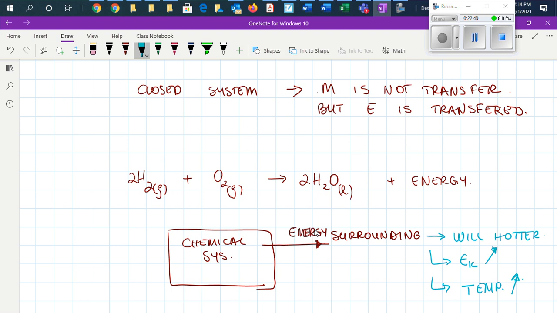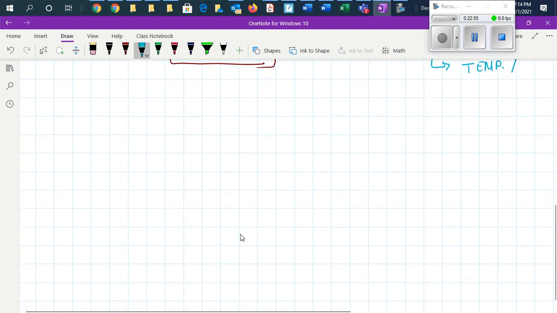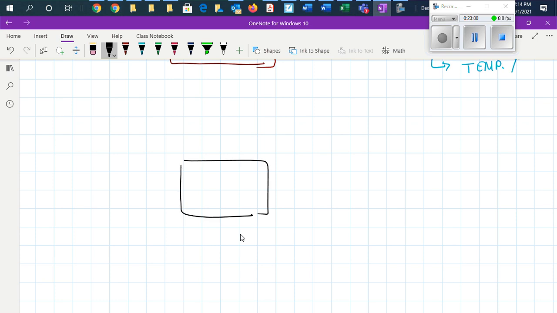However, if we have the case when the energy is moving from the surrounding to the system, and again, the chemical system can be anything, but the energy is moving from the surrounding to the chemical system, then what is happening is the surrounding is becoming cooler.